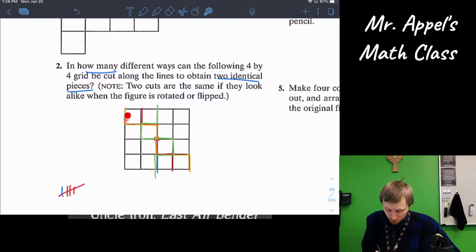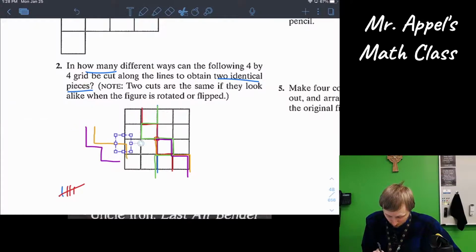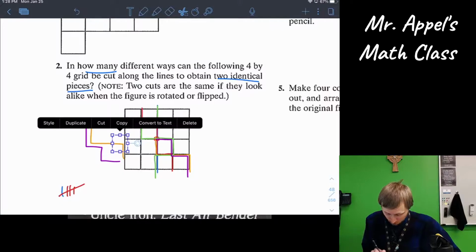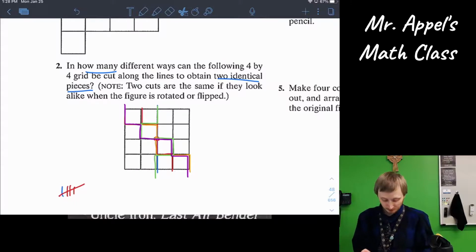Oh, over, up, over again. We just do a complete staircase. And I believe all of those are unique, right? Yes. There you go. There's my 5 different cuts.